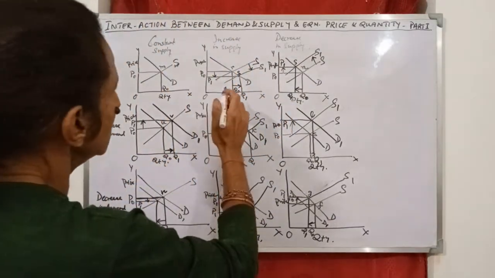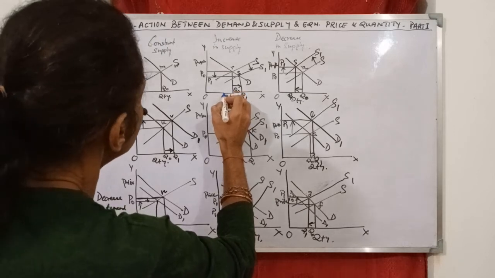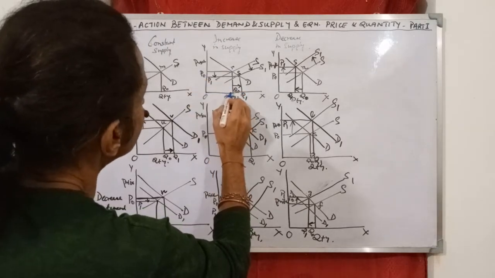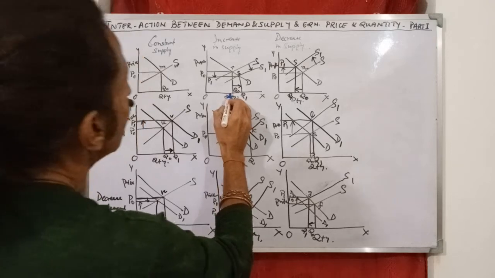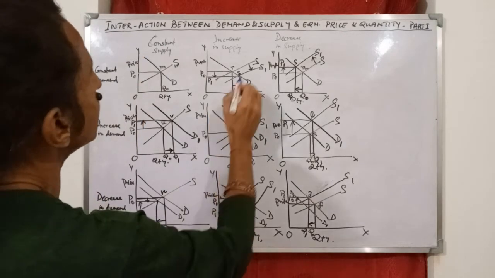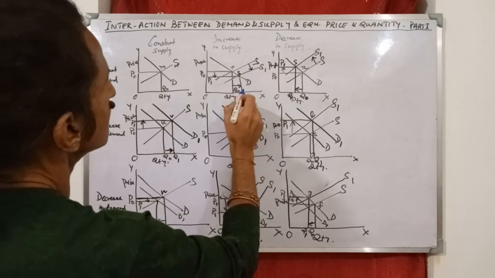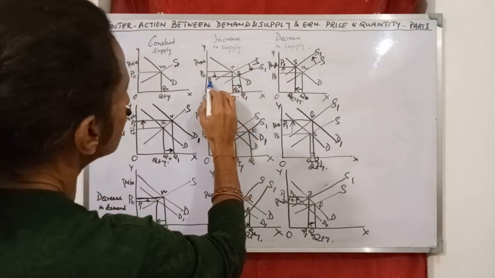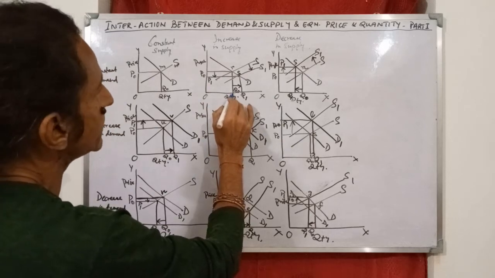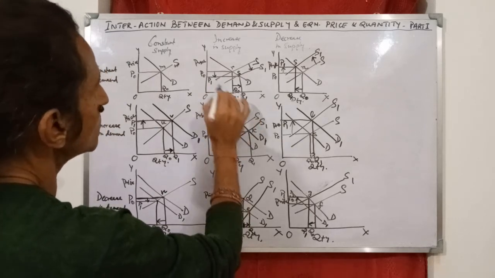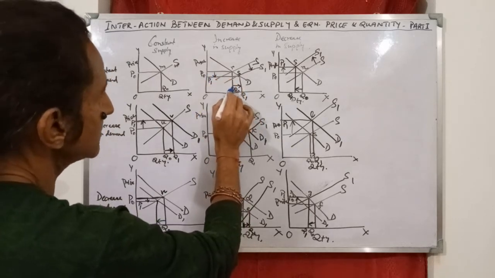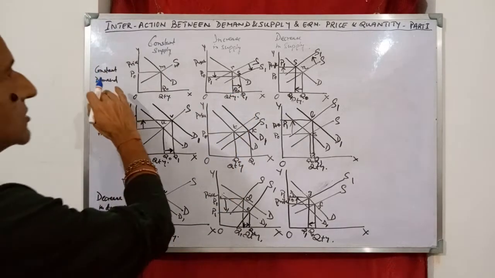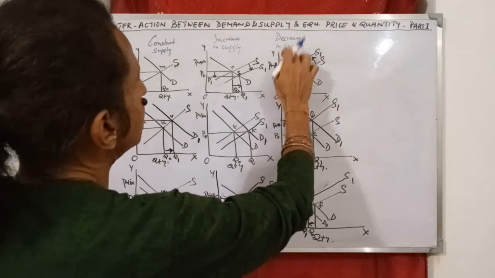The original equilibrium price was P sub O and original equilibrium quantity was Q sub O. As supply increases from S to S1, the new equilibrium price is P sub 1 and new equilibrium quantity is Q sub 1. So price is falling and quantity is increasing. Here constant demand and decrease in supply.